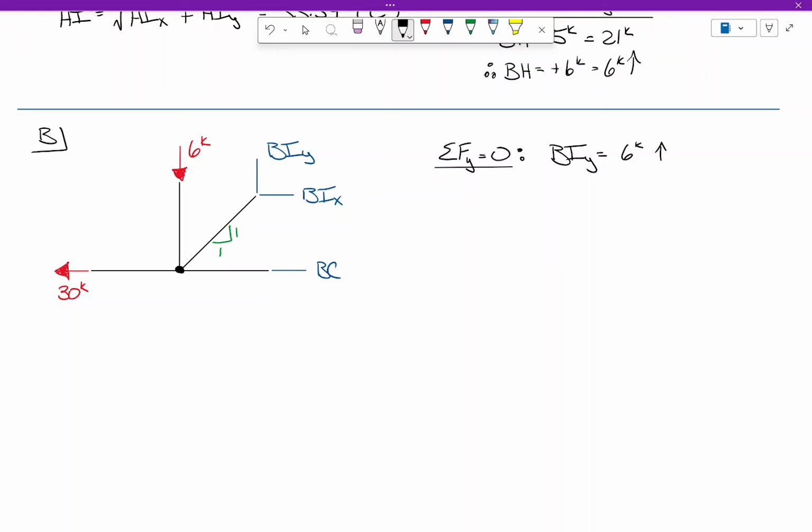So now what? BIX, right? And if this is 6 kips, what's BIX going to be? 6, because it's a 1-to-1 slope ratio. So that's easy, right?